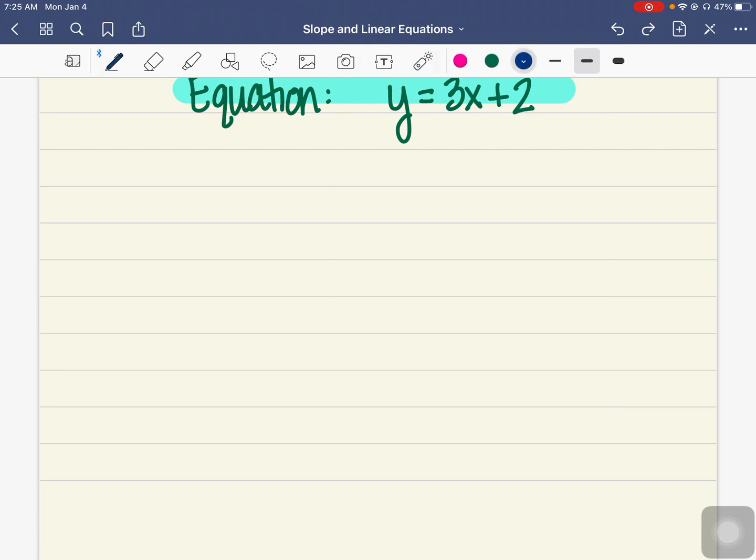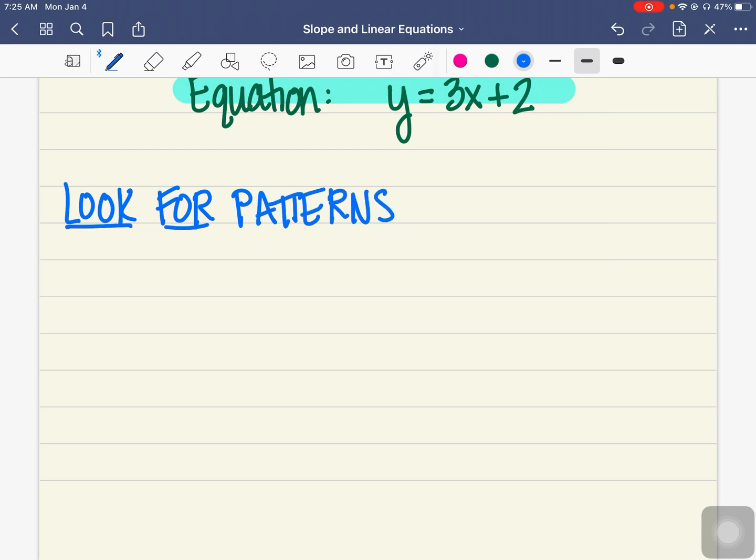And here's what I tell students to look for. Instead of memorizing a bunch of formulas, here's what we want to look for. We want to look for patterns because students are really good at looking for patterns, and it doesn't matter what grade you're in. Students are really good at looking for patterns. And the patterns we're going to look for, now this is going to seem weird.